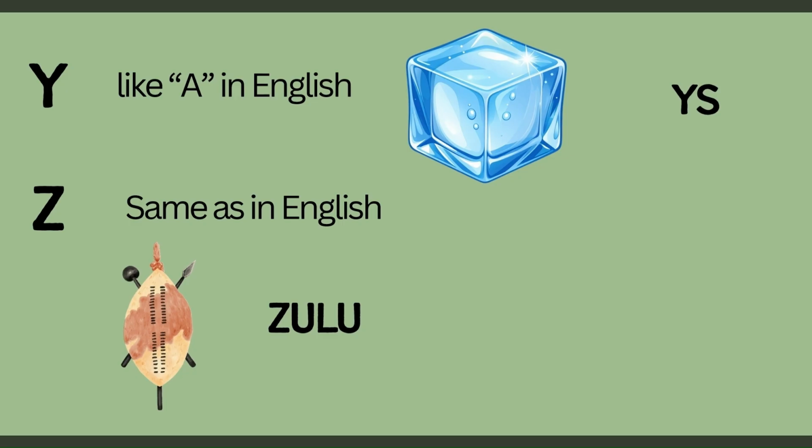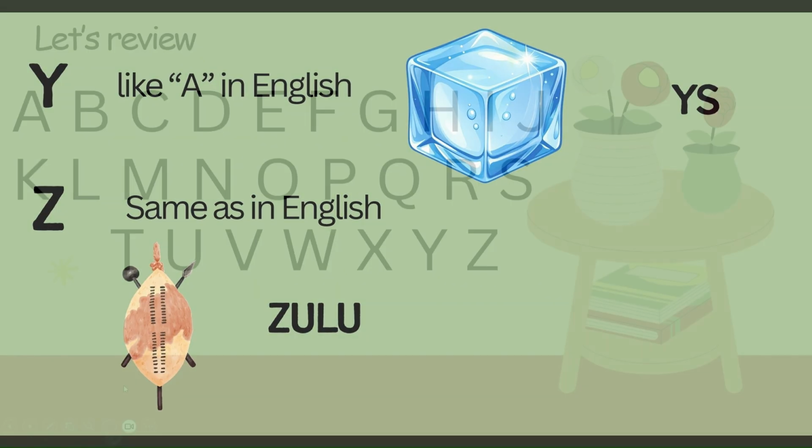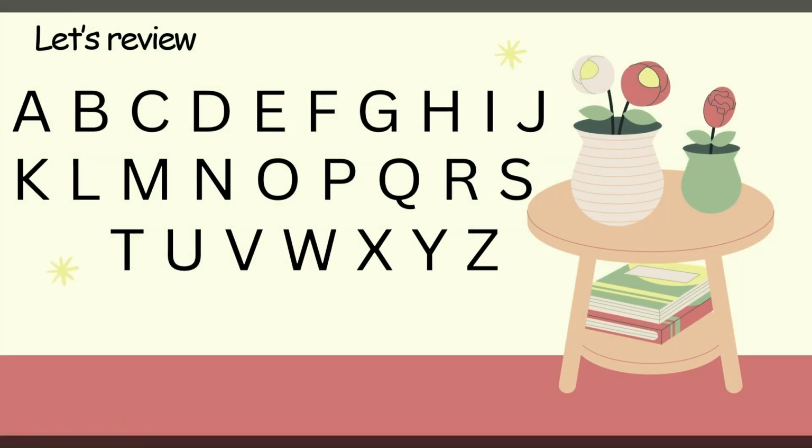So think of almost the same as you would pronounce ace, the card. We say ice. Ice. The Z is pronounced the same as in English. Z. The example we have is Zulu. Z, Zulu.